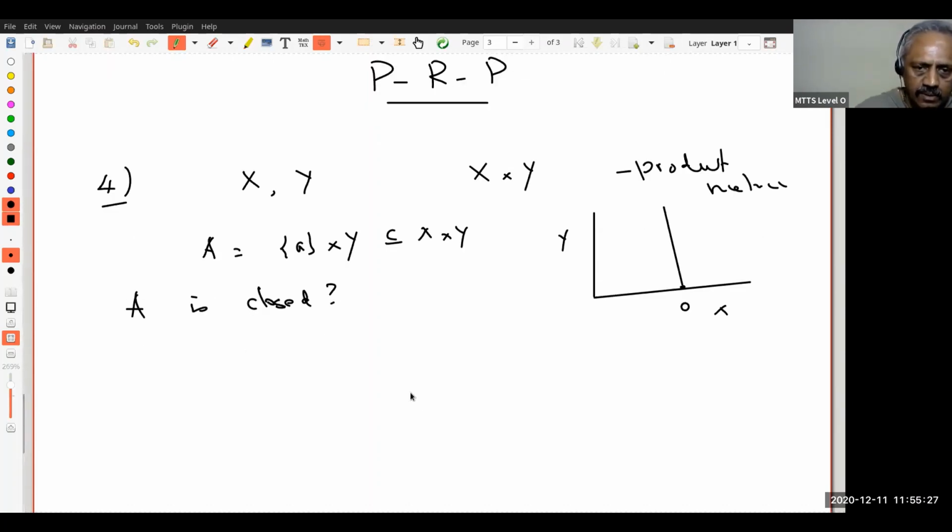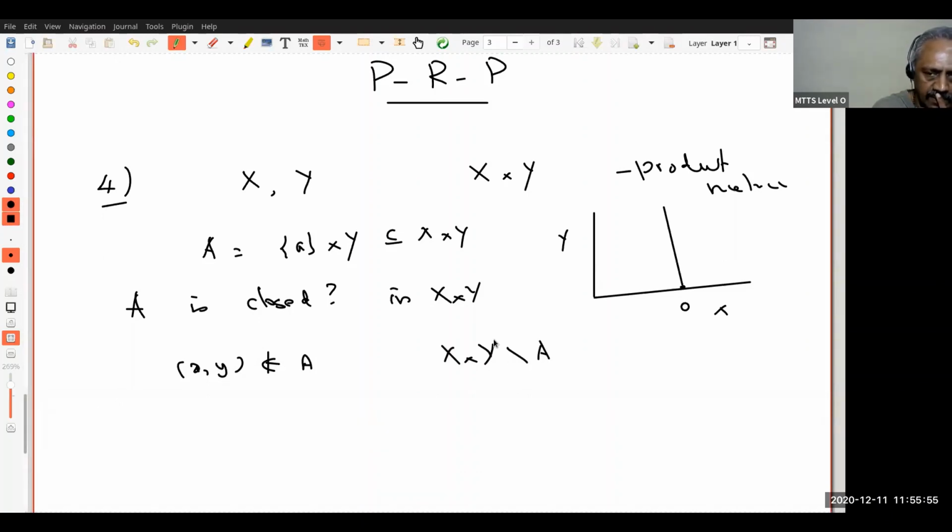How do I prove whether this is closed? So what do I have to do? This is closed in where? It's closed in X cross Y. Remember, this is a subset of this. So what should I do? Start with any point (x, y) not in A, that is, in X cross Y minus A. Then what do I have to do?